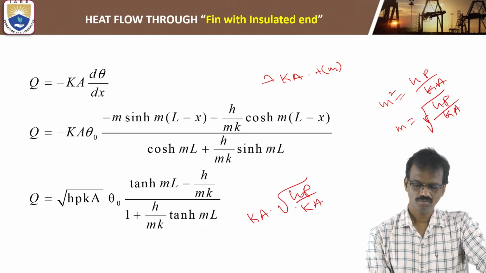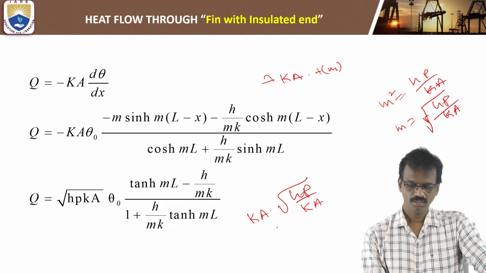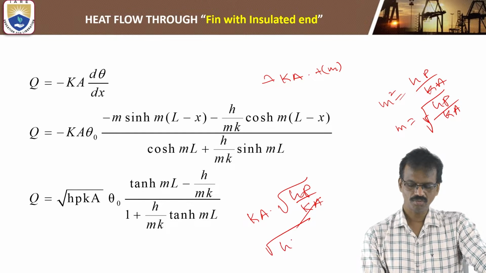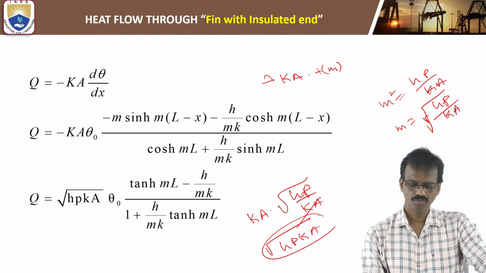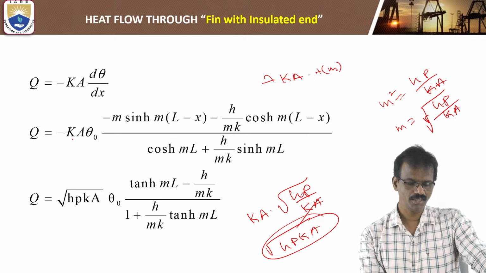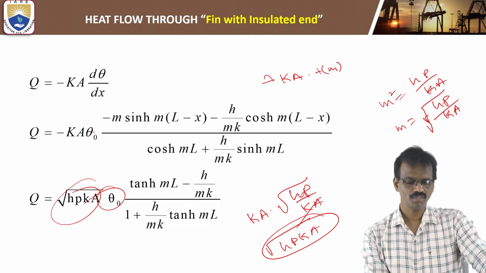If it is cancelled, it comes under the root, so this value is equal to hPkA. If you multiply with m into minus kA, you will get this one. So theta naught is the common term you can take.